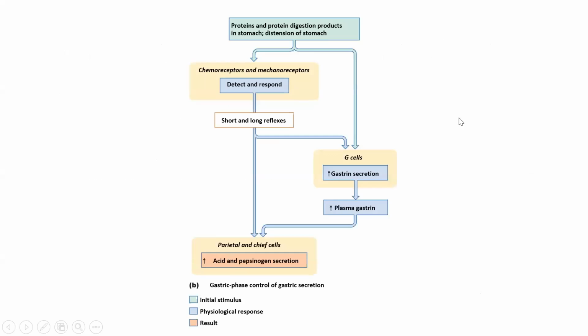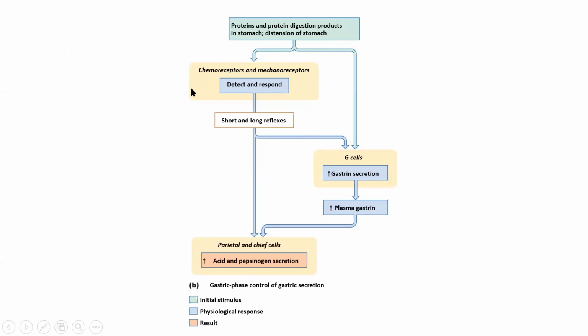So here's another flow chart that looks at the gastric phase of regulation. So the presence of proteins, the presence of amino acids, the presence of peptides in the stomach, as well as the physical distension, the physical stretching of the stomach, will bring about two responses.